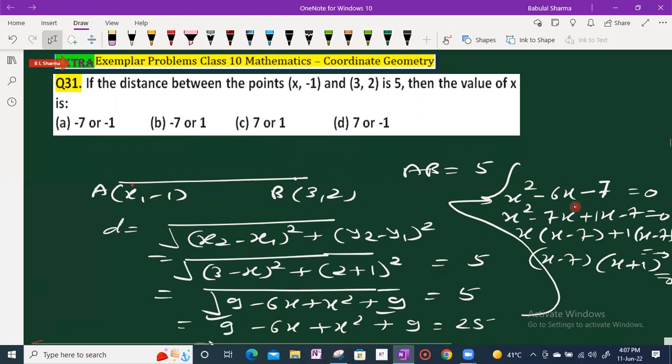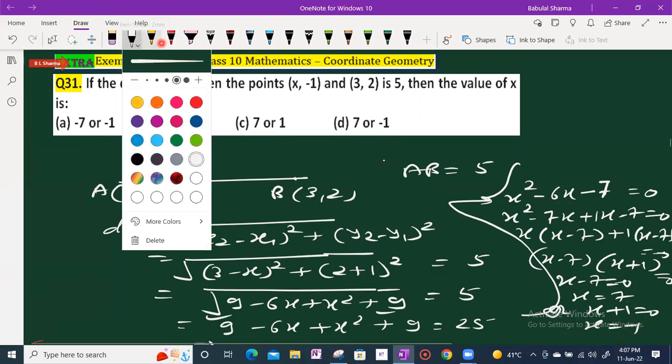Putting x minus 7 is equal to 0, that is x is equal to 7. And putting x plus 1 is equal to 0, that is x is equal to minus 1. So the answer is 7 or minus 1, that is D is the correct option here.